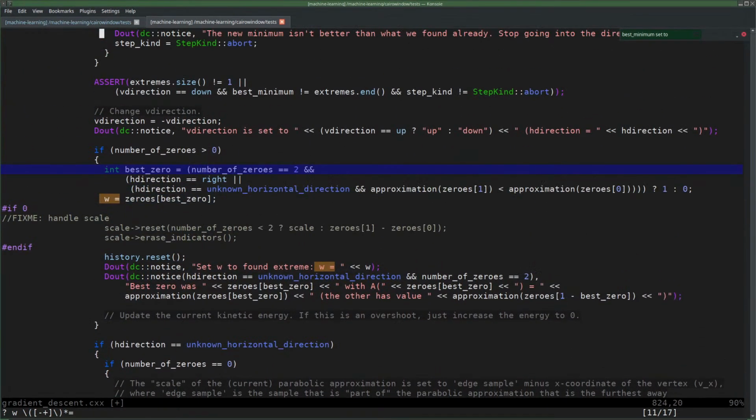Now we get here. We jump to the best 0. And then you got to wonder where do we come from?